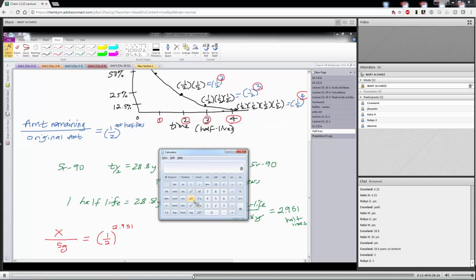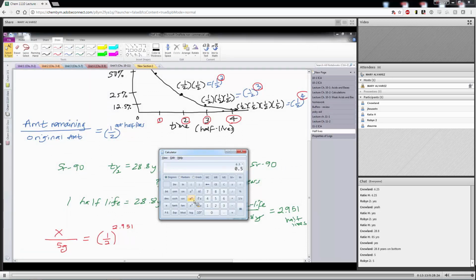You might have an x to the y button or a y to the x button, or you might have a little caret that you might have to use instead. And depending on which yours is and what model, it's going to change what order they want you to do it in. But in this case, I'm going to say 1/2 is my x, so 0.5 is x.